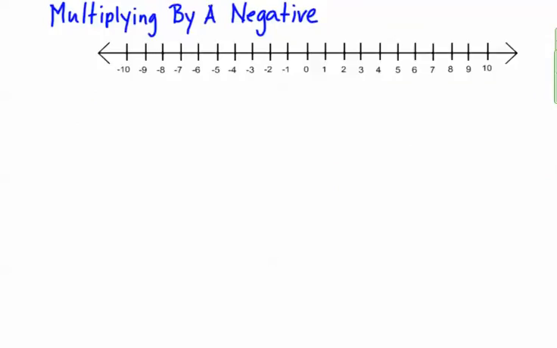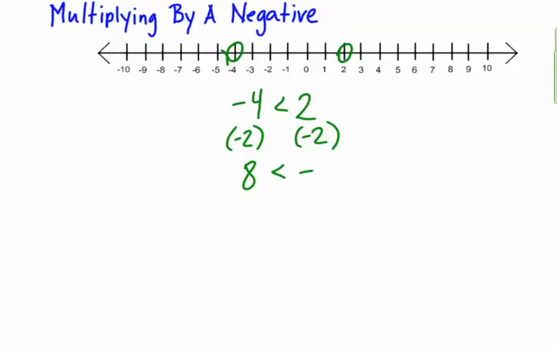Now let's examine what happens if we multiply by a negative. Let's use our same numbers, -4 and 2. This time, let's just multiply by -2. -4 times -2 is +8. And 2 times -2 is -4.